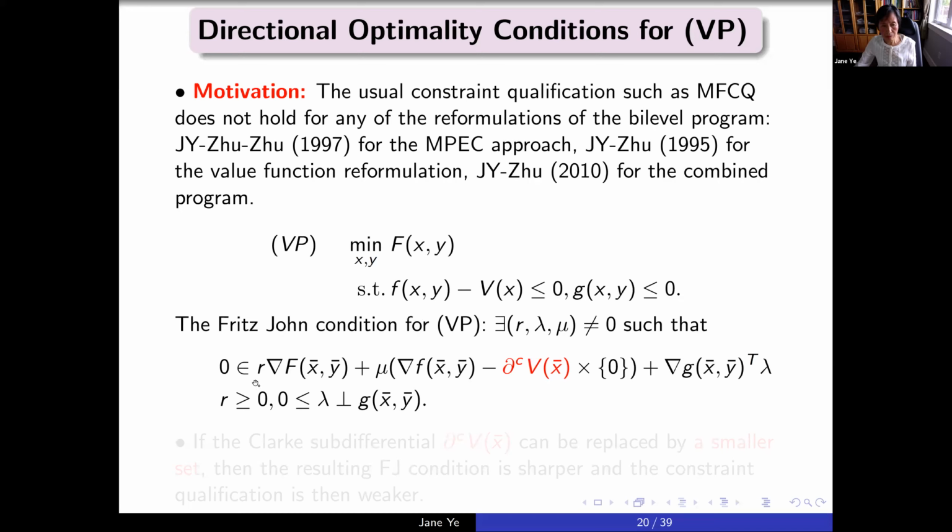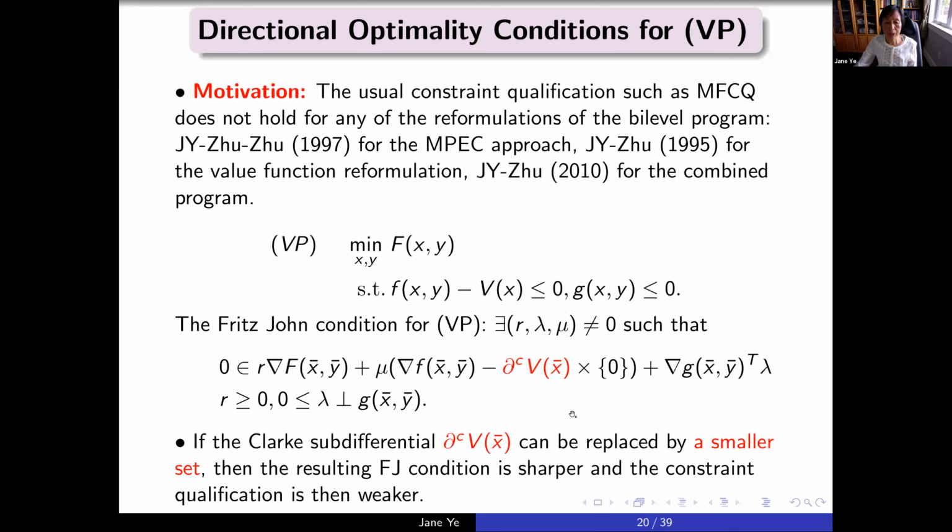If we use the Fritz John condition, we will say that there exists some non-zero multiplier such that this holds. Okay. If this set, the Clarke subdifferential, can be replaced by a smaller set, then the condition is sharper, and then the constraint qualification is weaker. Okay, so this is a motivation to consider the directional optimality condition.